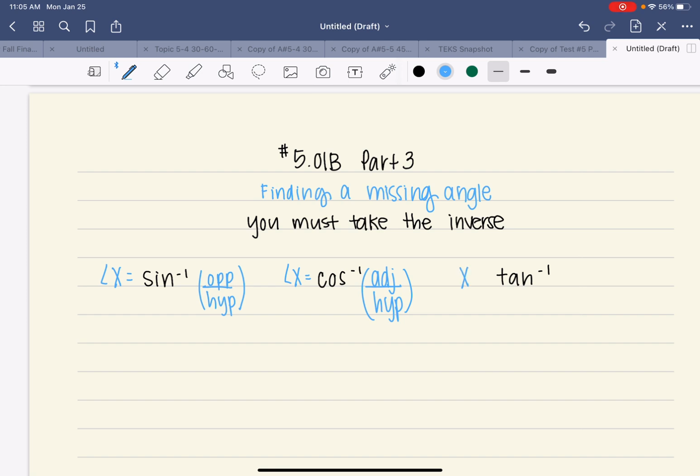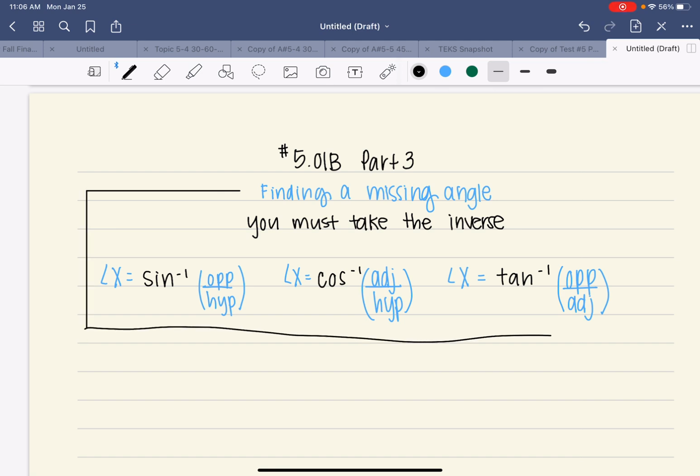And last but not least, when we're trying to find angle X and we use the opposite side over the adjacent side, we're going to use the tangent inverse. So this is kind of the key to being successful with these.